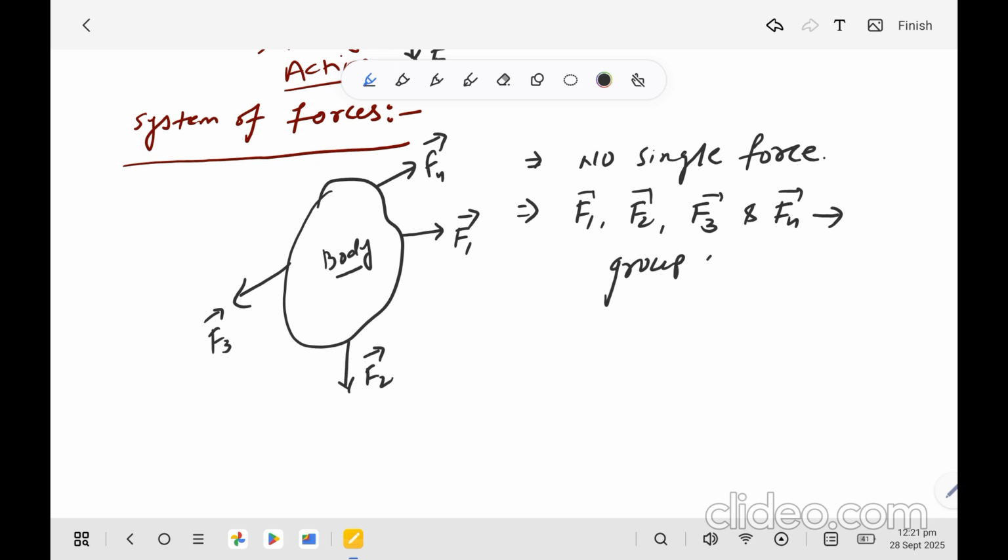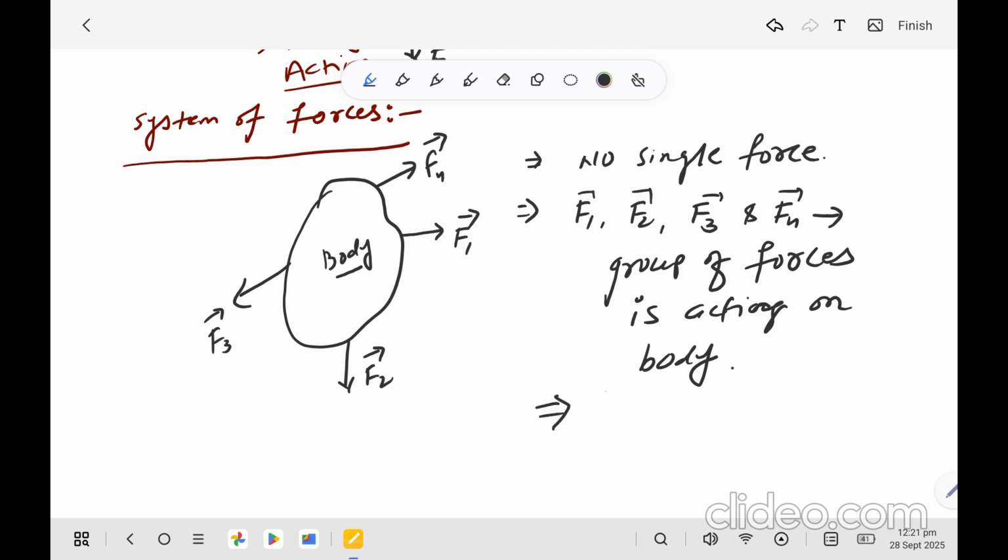So a group of forces is acting on the body. This group of the forces we call the system of forces.